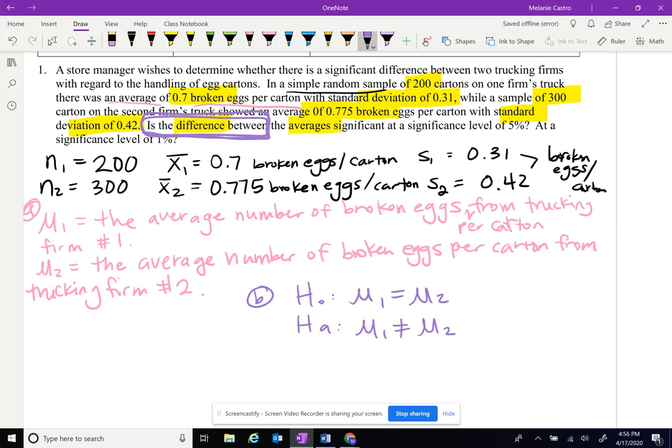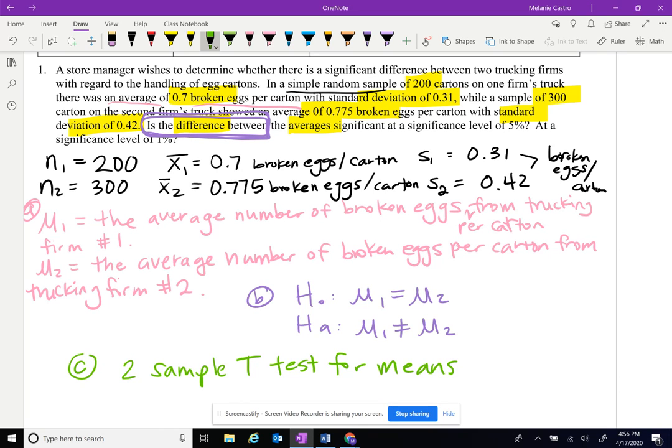So that's part B. And then part C, I know you already did, but here comes the answer. This is called a two-sample t-test for means. And then you'd go through and finish the problem.